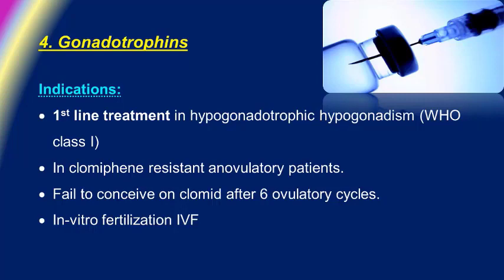We give the patient Clomid, and for 6 months or cycles, there will be folliculogenesis and ovulation, but no pregnancy. Then we change to gonadotrophins. Last indication is in vitro fertilization. We use injectable treatment. Why? Because we need 3 or more follicles.